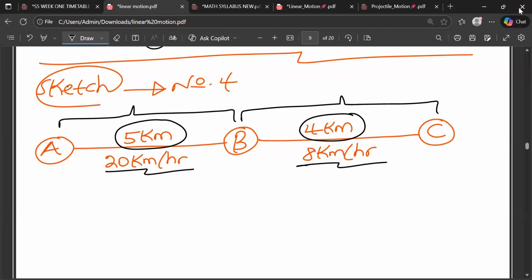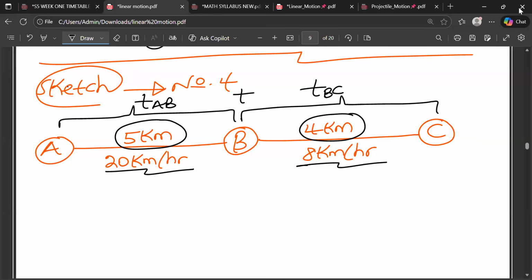What will make most of you fail this question? You will want to add distance and also add the speed, and then say total distance over total speed, which is very wrong. I told you that when they ask for total time, it is a summation of the time of A to B and the time of B to C. That's what you're supposed to do.